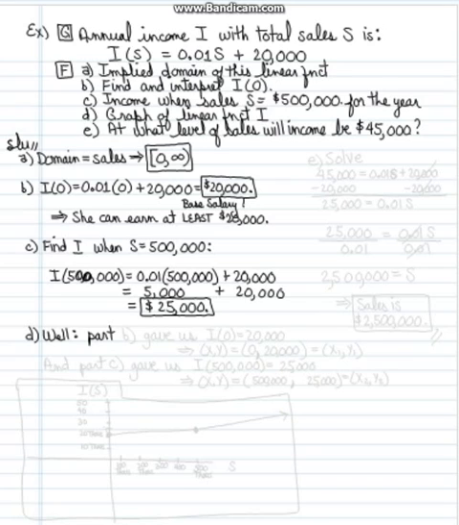Part B gave us the ordered pair. It told us that I of 0 equals 20,000, which is the same as saying that we have the ordered pair xy equals, when x is equal to 0, y, in other words I of 0, is equal to 20,000. So that's an ordered pair.